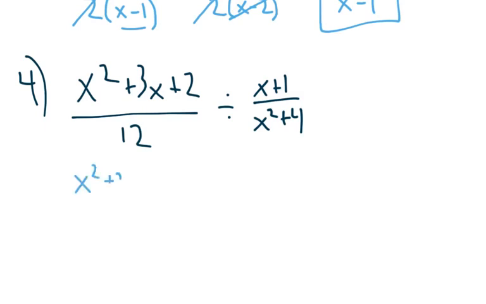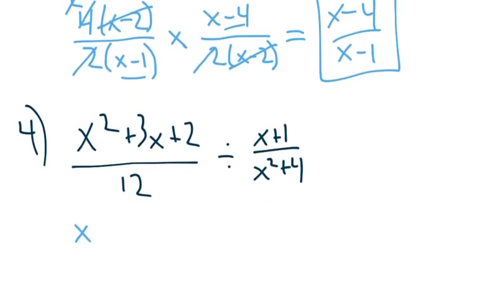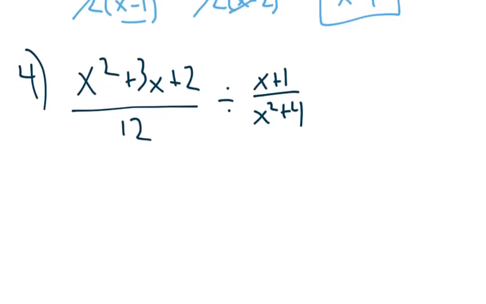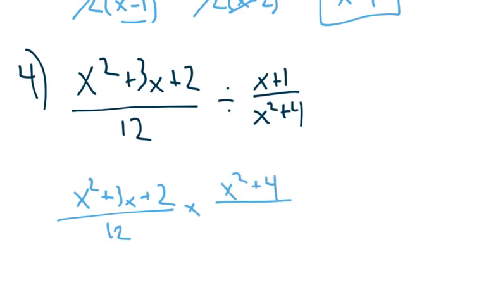So x squared plus 3x, and give myself a little more space to do this. Okay, so x squared plus 3x plus 2 all over 12 times x squared plus 4 over x plus 1. Okay, let me see here.